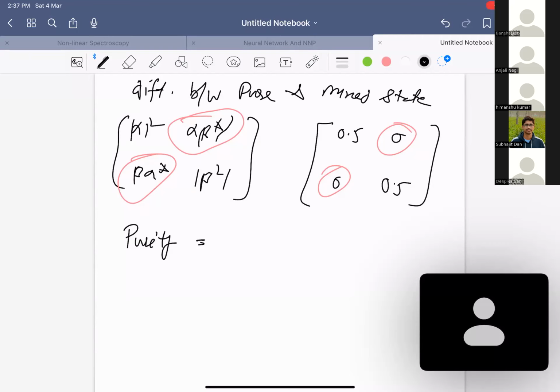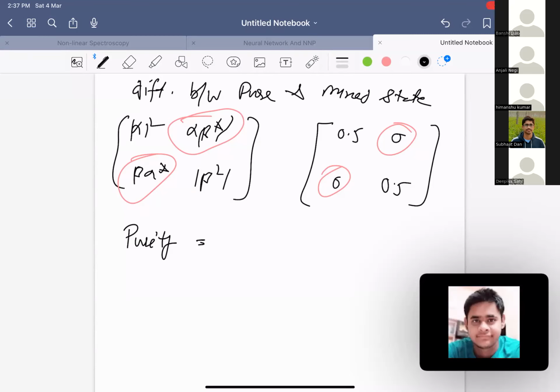Yeah, so just to restate again. In a pure state, how are the off-diagonal elements non-zero? Because we can think that in a pure state there is only one state. If there is just one state, then how are the off-diagonal elements non-zero?